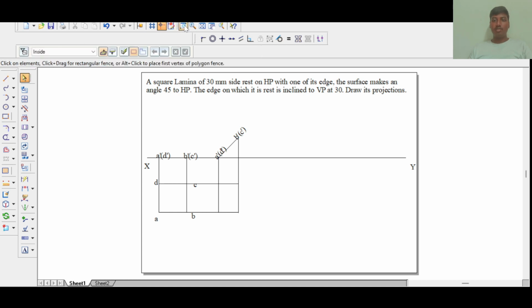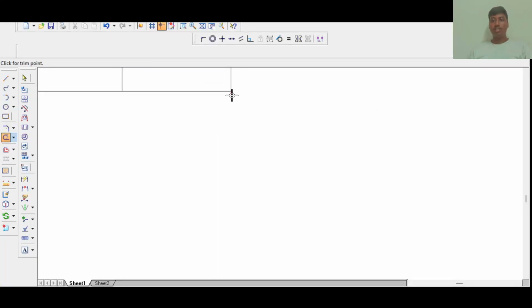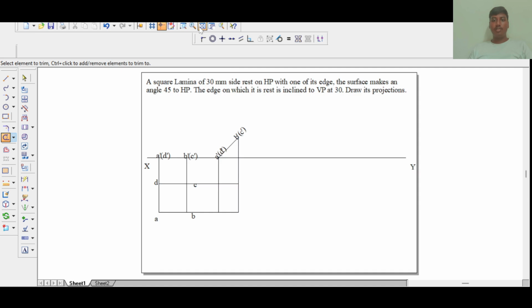And then next, zoom to the edge where there was an extra line and then trim the excess line by using trim option. And then fit to picture and then take visible lines. Draw a square which is connecting all points.